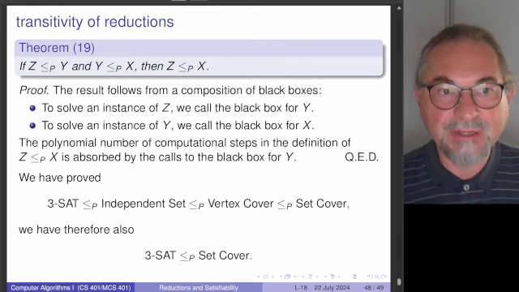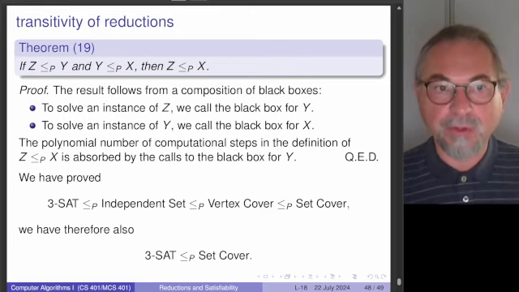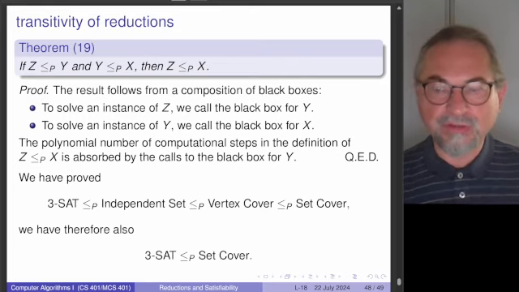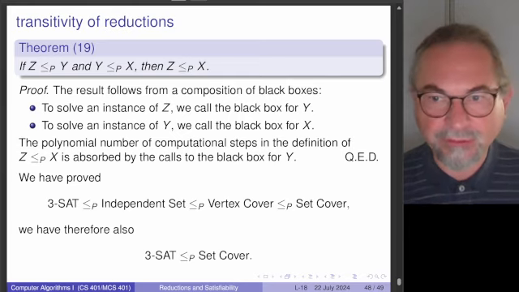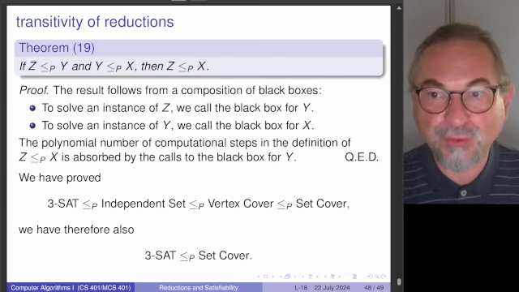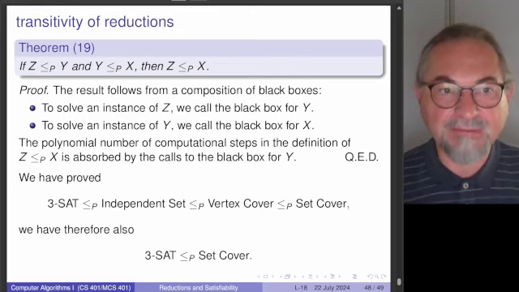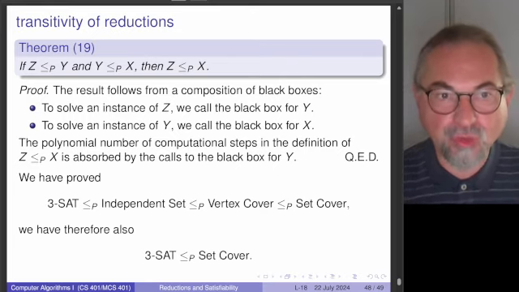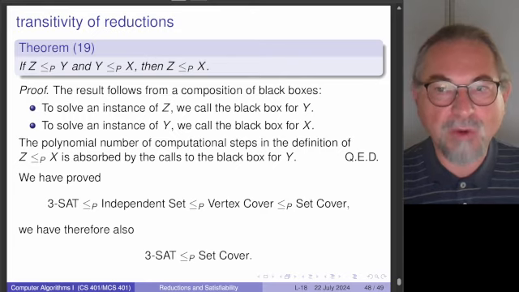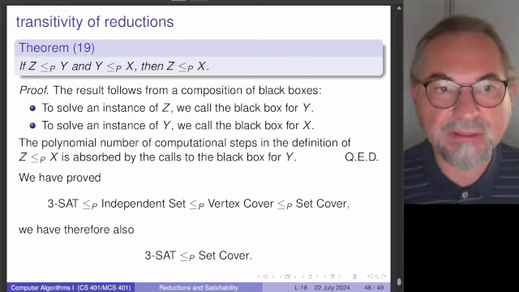So we have the property that if one problem reduces to another, and that other problem reduces in polynomial time to yet another, then the first problem also reduces in polynomial time to yet that other problem. So here we have z reduces in polynomial time to y reduces in polynomial time to x, then z reduces in polynomial time to x.